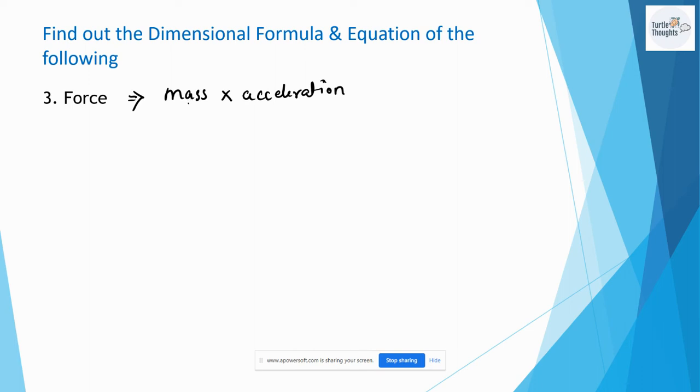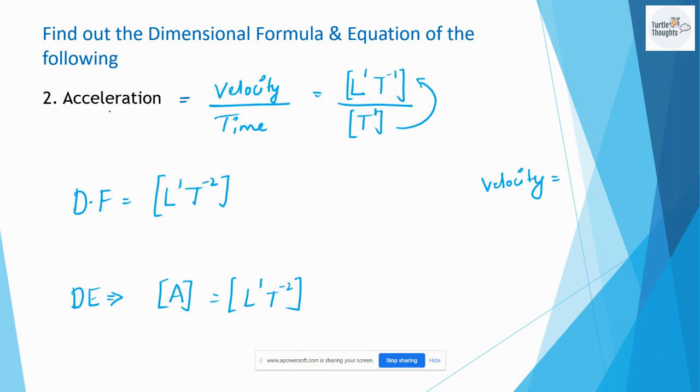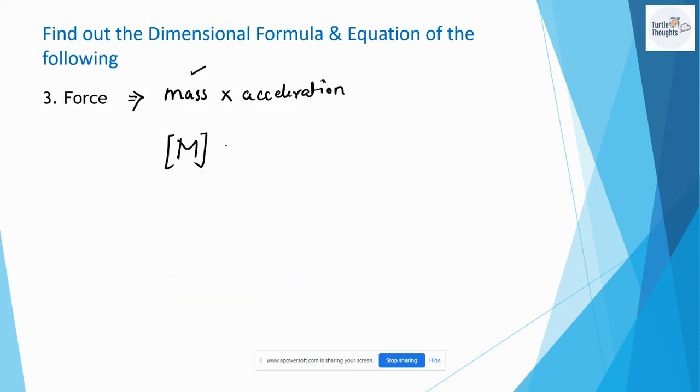Is mass a fundamental quantity? Yes, it is a fundamental quantity, and we have a symbol for that. So it is going to be M. For mass, we have already got the symbol, right? What is the symbol for acceleration? We know from here that the dimensional formula for acceleration is L to the power 1 T to the power minus 2. So I can write the same over here. So it is L to the power 1 T to the power minus 2.